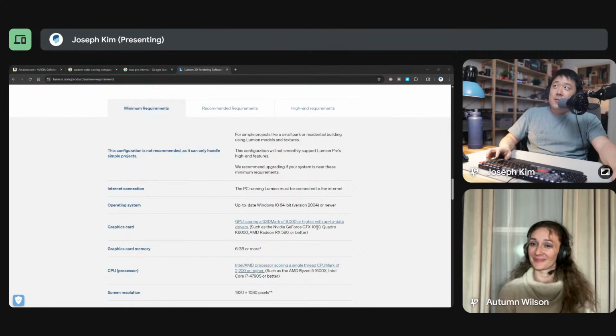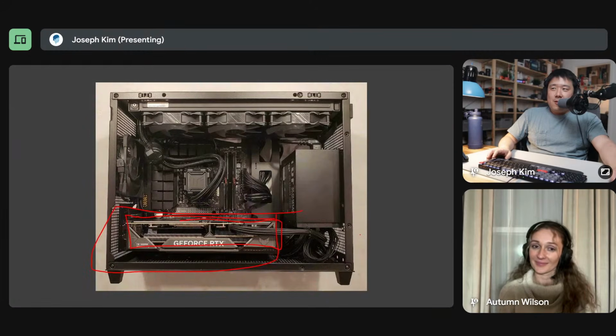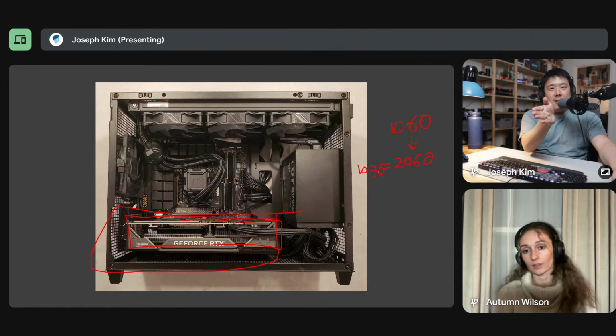Do you get that picture? So let me just draw here. 1060 was recommended, right? As this goes up, the next generation will be 2060. But 2060 is probably about the same as 1070, the previous generation, but one more tier up. Does that make sense?